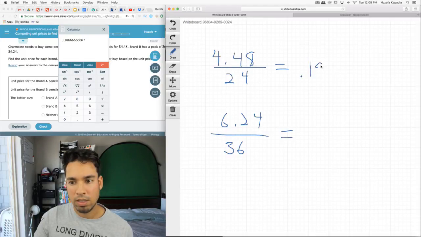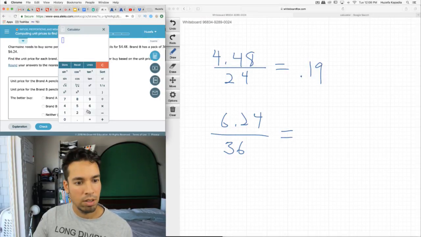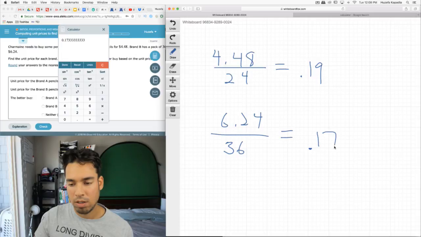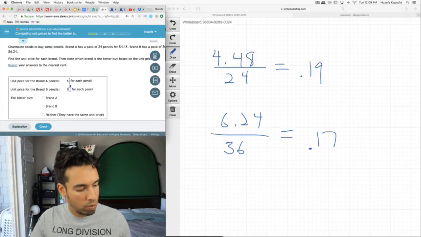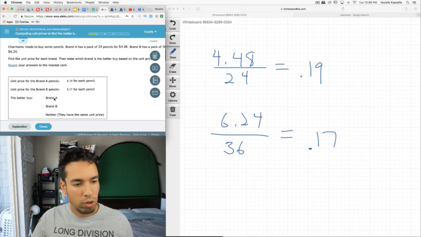Okay, 0.19, and then we have 6.24 divided by 36 equals 0.17. All right, so brand A is 0.19 and brand B is 0.17. So which one is better? Brand B.